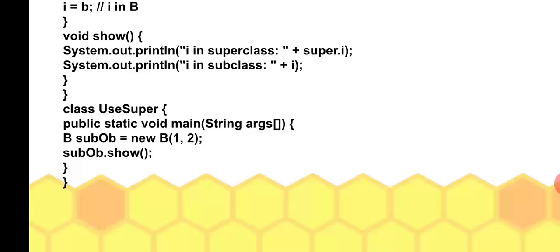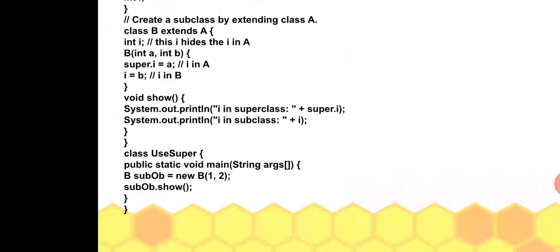Where will 1 go? 1 will go into int a of the constructor of B. Int a will have 1, int b will have 2. Now 1 will be assigned to variable I of class A, and 2 is assigned to variable I of class B, and the same thing will be printed. The output will be 1 and 2. Like this it will work.